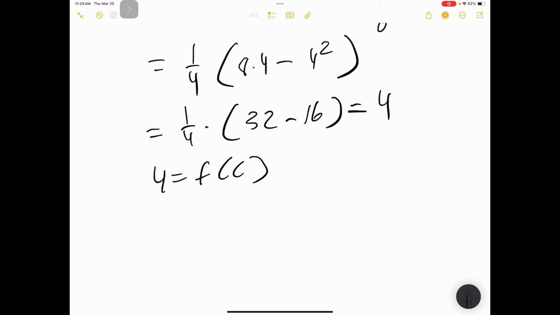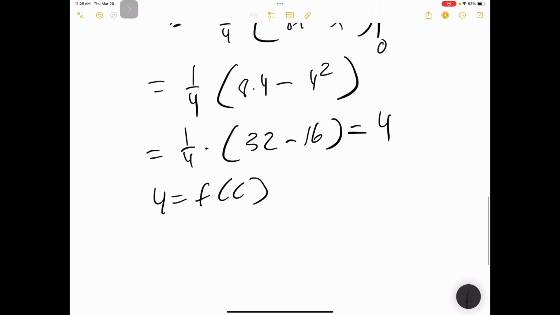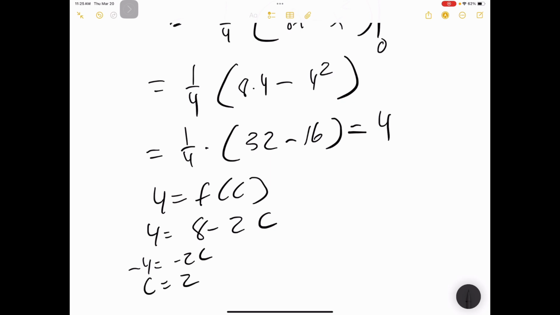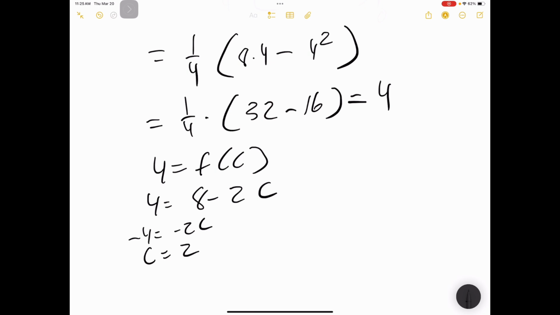Now, we know our function is 8 minus 2x. So now we know 4 is 8 minus 2c. Subtract 8, I get negative 4 equals negative 2c. Divide by negative 2, and I get c equals 2. So our average value here is 4, and the c that gives us that is exactly c equals 2.